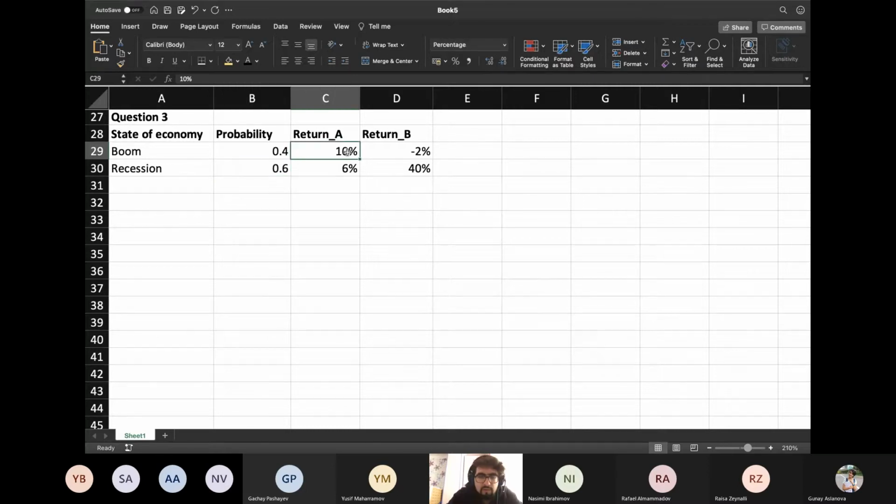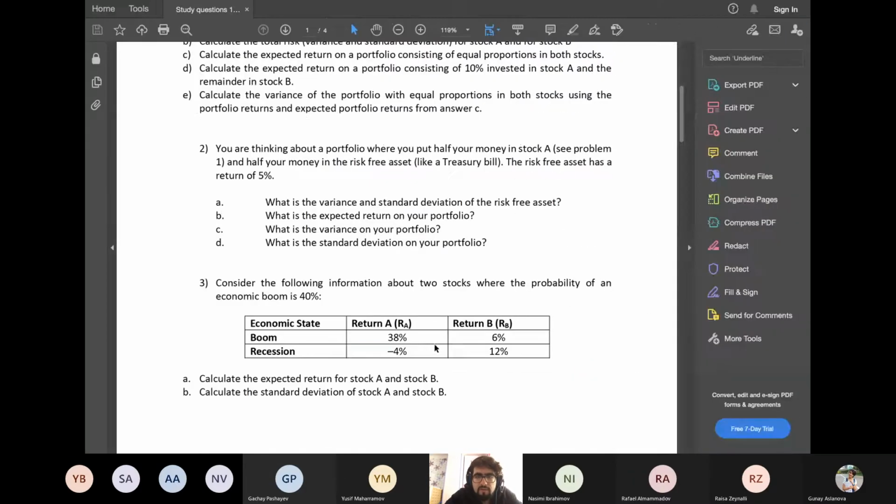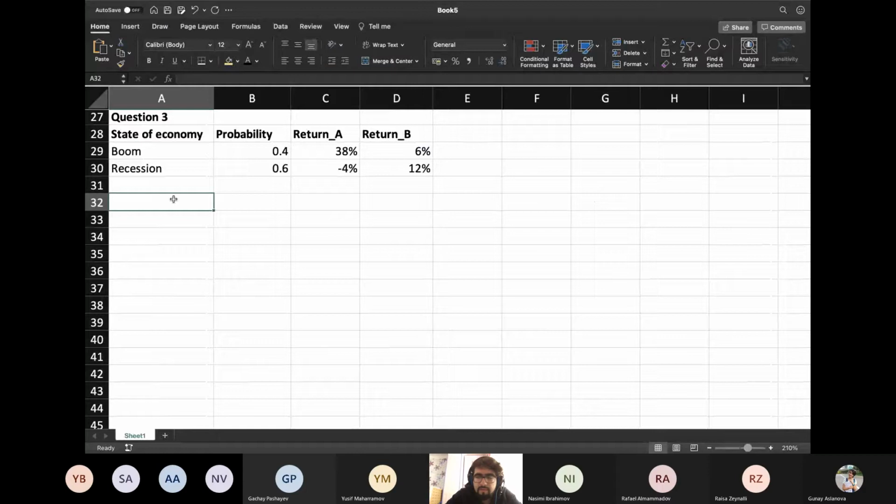Returns 38%, minus 4%, minus 4%, 6%, and 12%. Okay.